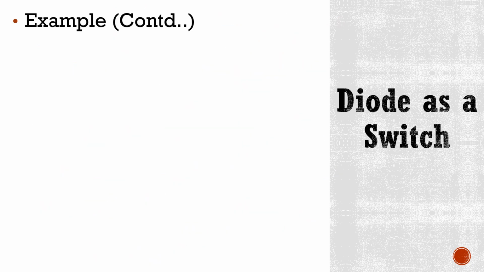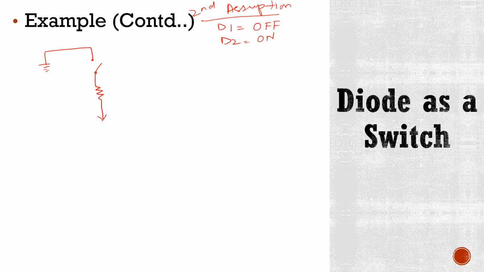Now what will be our second assumption? Now we assume that diode 1 is off and diode 2 is on. Now the circuit will become something like this, because we know that when diode is reverse biased, it is open circuit.